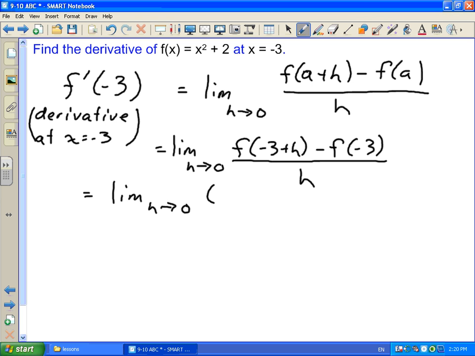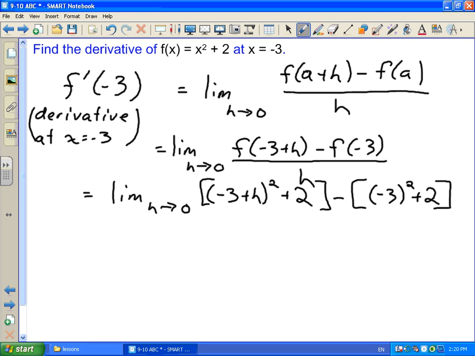That's going to be negative 3 plus h, squared, just subbing in negative 3 plus h wherever I see that x, plus 2 is our first term there. And we want to subtract from that x squared plus 2 evaluated at negative 3. So I just put in what I know my function to be. And on the bottom, I still have that h there.